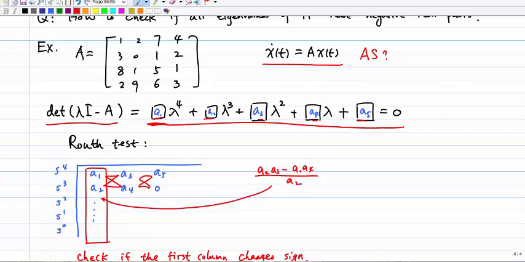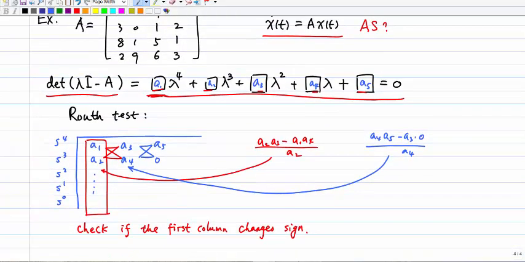The second one is a4 a5 minus a3 times 0, divided by a4, and you put it right below the a4. You keep doing that until you reach the last row. Then you check if the first column changes sign or not. If it doesn't change sign, you can say the system is stable, meaning all eigenvalues have negative real parts. Otherwise, if it changes sign, then you have an eigenvalue with positive real part.